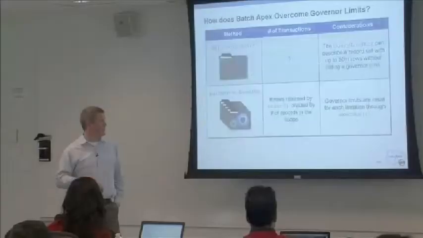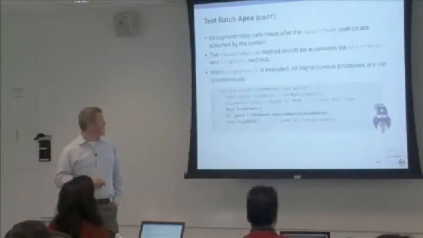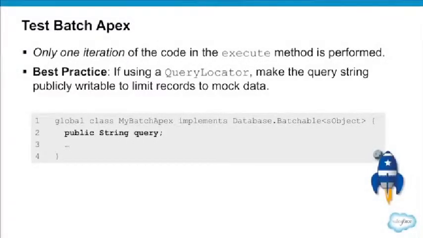Now, because we're using a SOQL query to find the records that we want to operate on in our batch Apex, when you're creating a test, we recommend that you create a public string, which is the query that you want to execute. That way, when you're doing your test, you can set this string and say, here are the records that I want you to find.